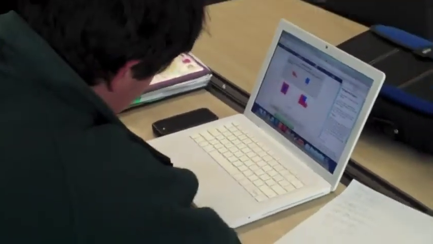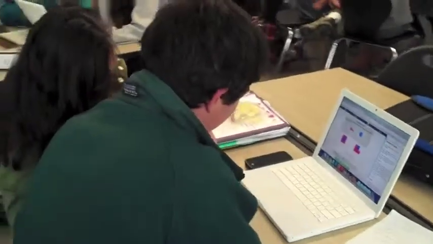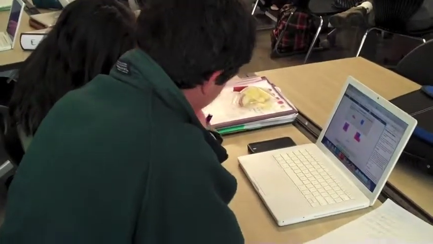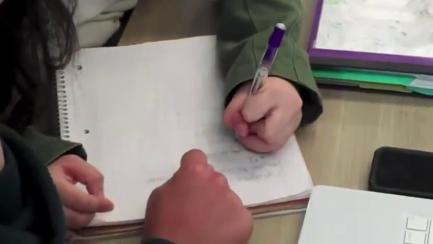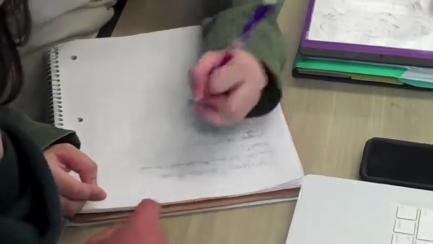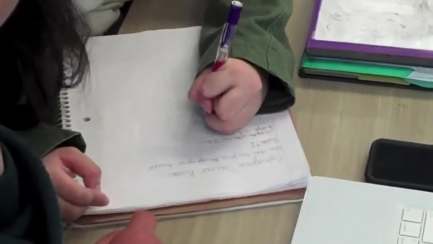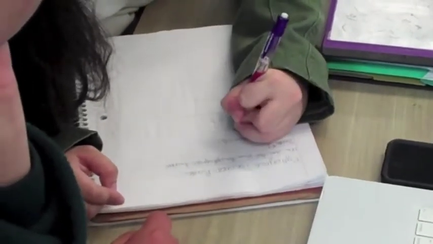Okay, the triangle. So this square. Yeah, this side is A minus B, right? Yeah. That is A. This is A. This whole thing is A.